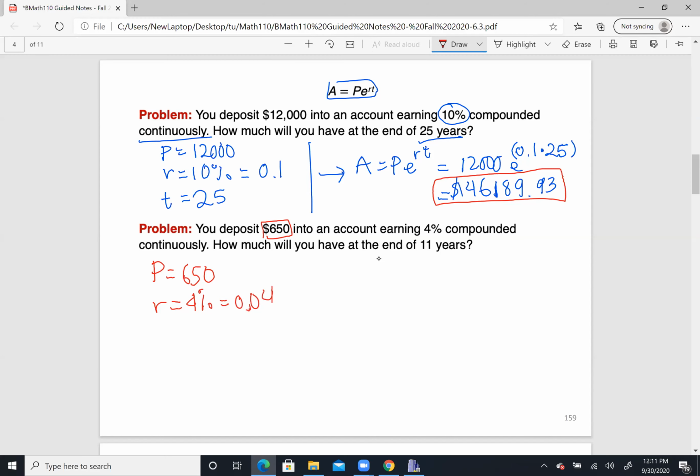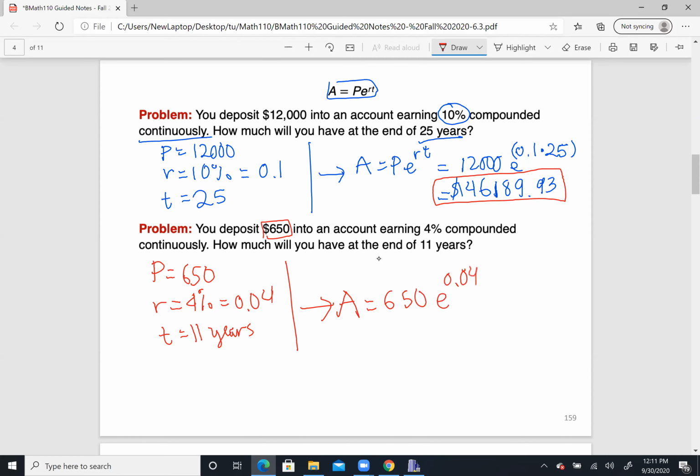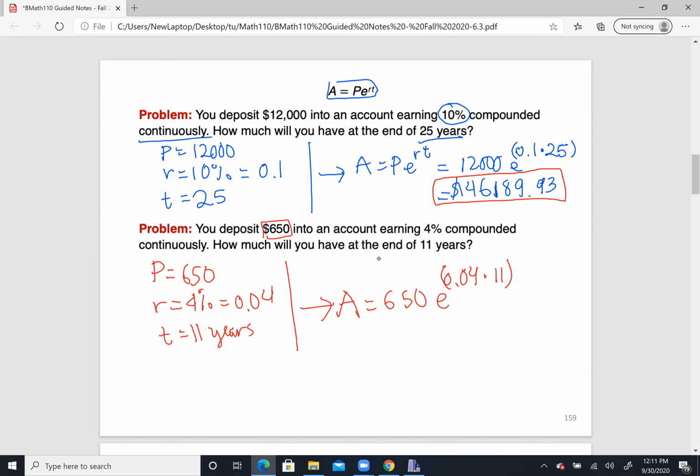Don't forget to convert it to a decimal number. T equals 11 years. Remember that it's in years. So now you have A equals 650 times e to the power 0.04 times 11. Don't forget the parentheses.